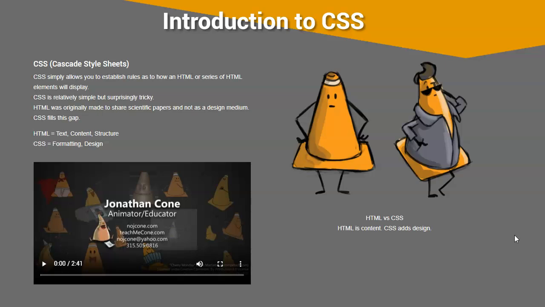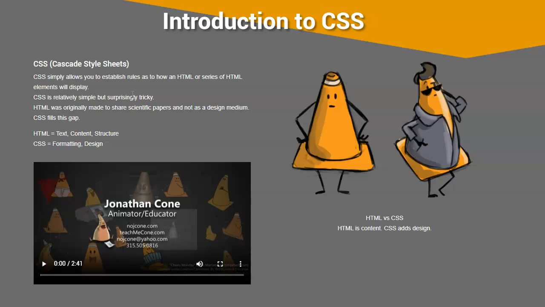Okay, so the idea with cascading style sheets is it basically allows you to create rules on how the HTML is displayed. It's relatively simple as a language. In some ways, I would say it's even simpler than HTML. However, you can end up with odd, weird things where it's not reacting the way that you expect it to.